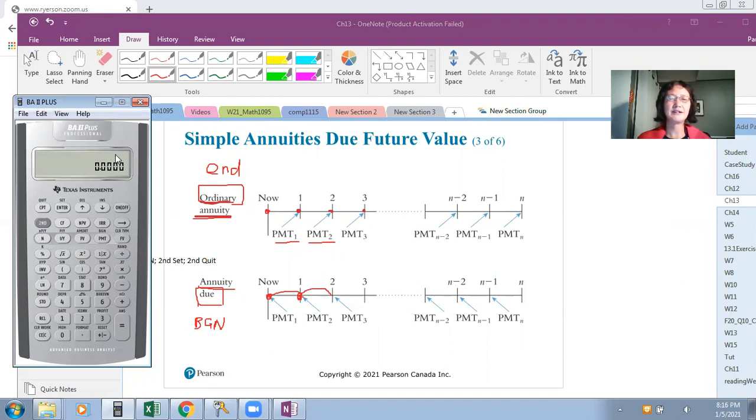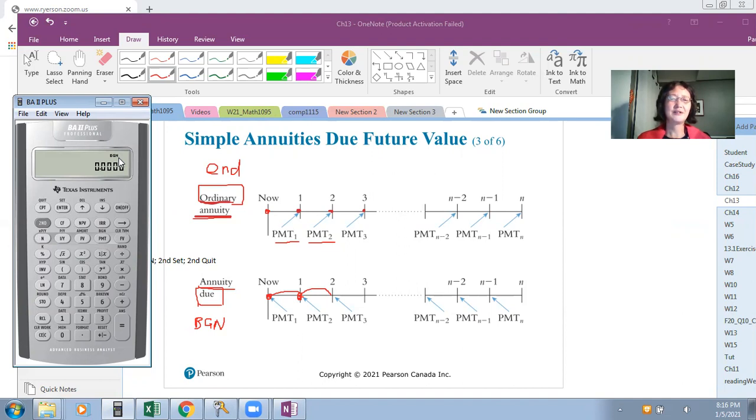That means it is end. How do I see BGN, begin mode here? You do this. Second, begin, second, set, second, quit. Now you have BGN on top right corner of your calculator.